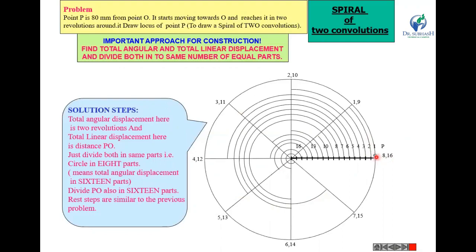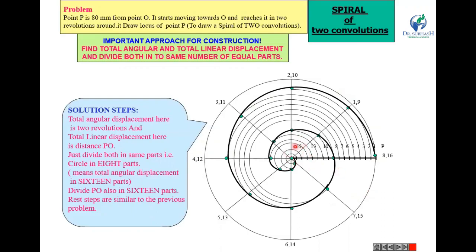So point P1 will be here, P2, P3, P4, P5, P6, P7, P8, P9, P10, P11, 12, 13, 14, 15, 16. Okay. Now join all these points by a smooth curve. So it is known as the spiral of two convolutions. Different points are there here.